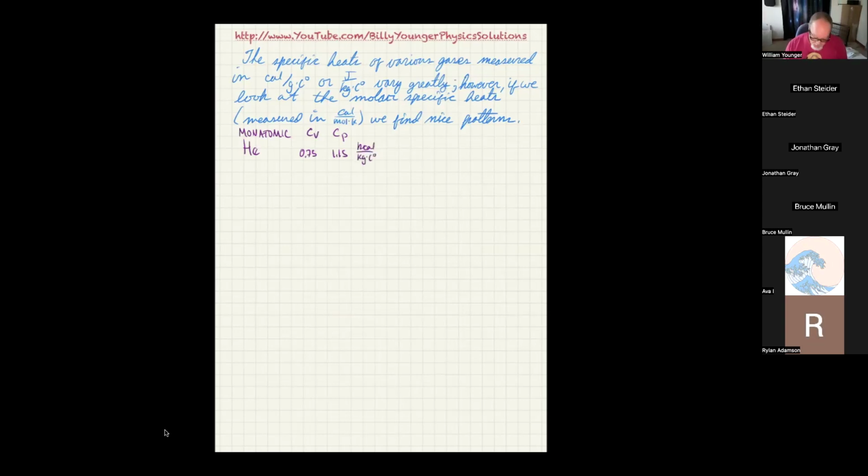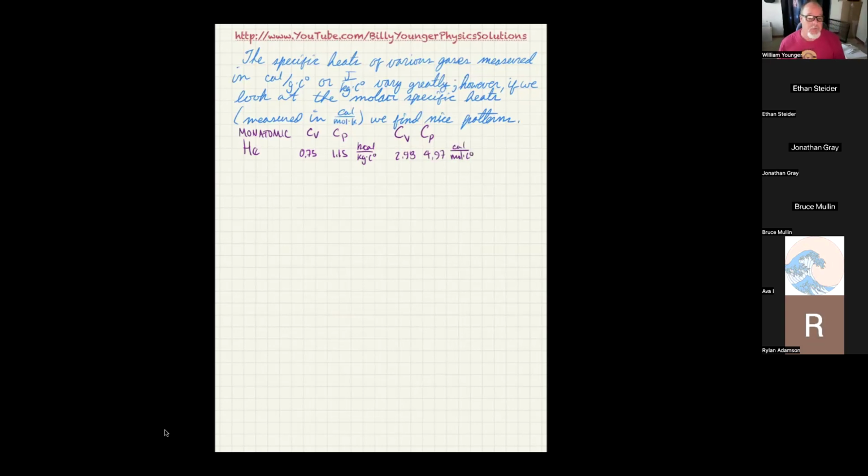But if we look at the molar specific heats, which are listed as capital CV and capital CP, then we get 2.98 and 4.97, and those are measured in calories per mole Celsius degree.